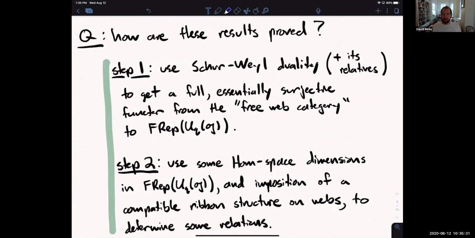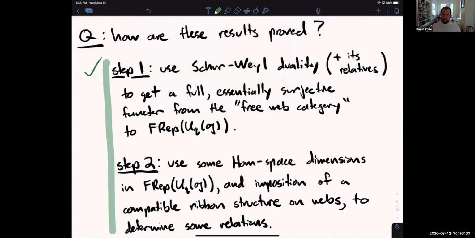This relies on the fact that these categories are braided monoidal, and that you can use these dualities to show that the braid group surjects onto certain Hom spaces. I view this as the straightforward part. You have to figure out what the right generators are, but it's usually pretty easy to deduce what they need to be, and show that you can build the braiding out of those things.